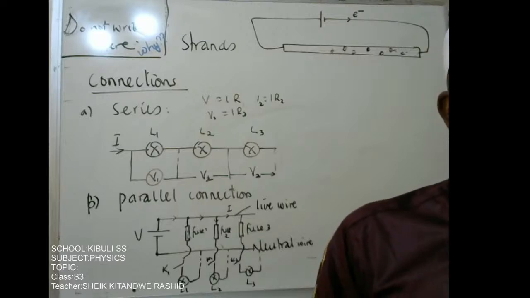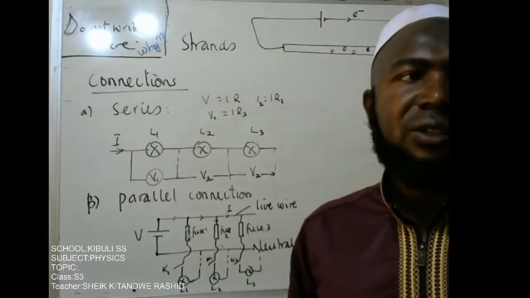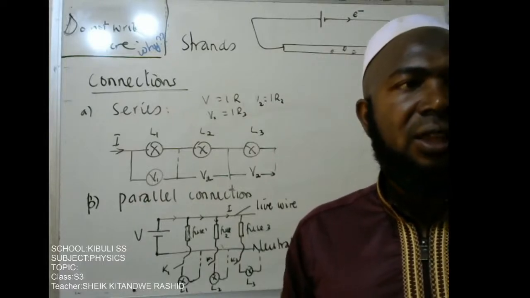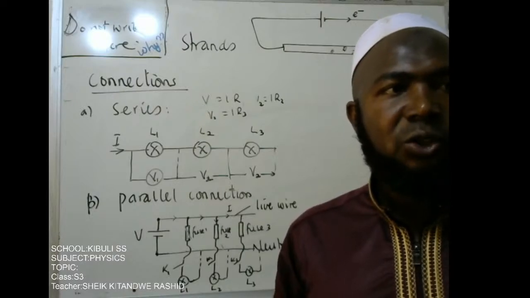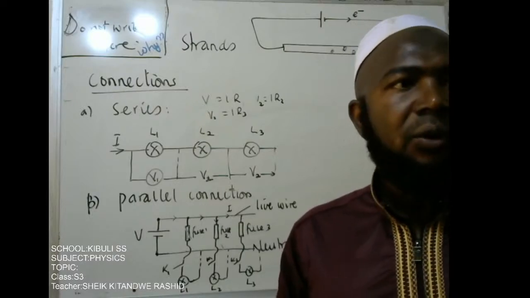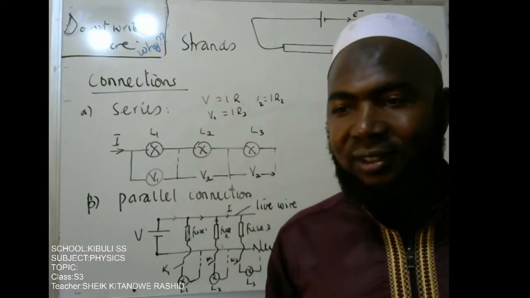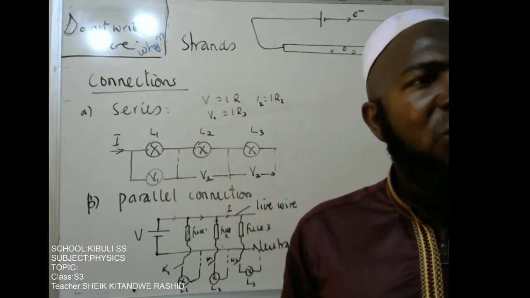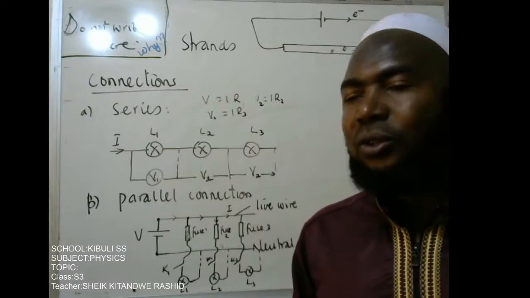Now I have a small note here. Actually, there are 3 notes. 1. In electrical wiring, each appliance connected in parallel has its own switch and fuse. We say the switch and fuse are always connected to the live wire. You may be asked, why are the fuse and switch connected to the live wire?